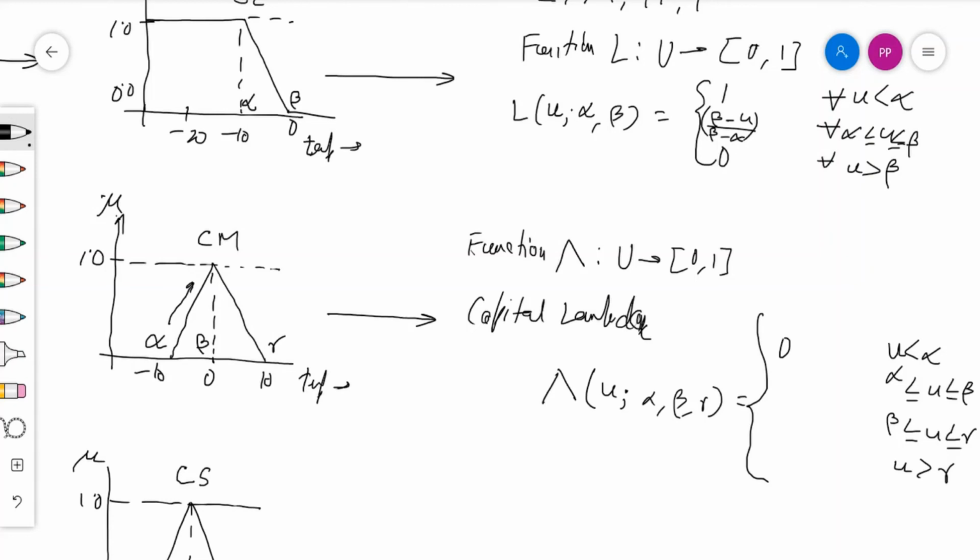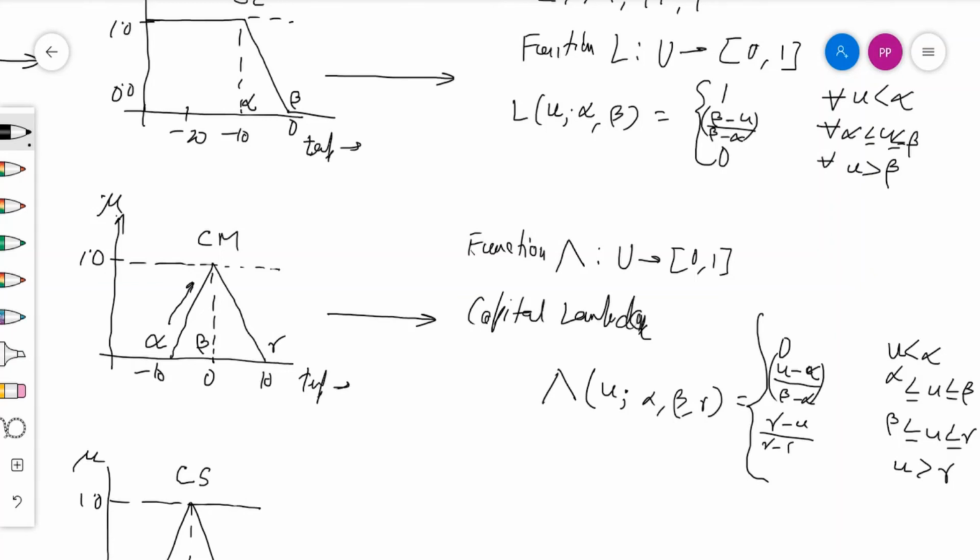Accordingly we can define it as u minus alpha divided by beta minus alpha. It starts at u equal to alpha with value 0, and finally at u equal to beta it is 1. Similarly, from beta to gamma, how should we define it? We take the higher value first, so gamma minus u divided by gamma minus beta.